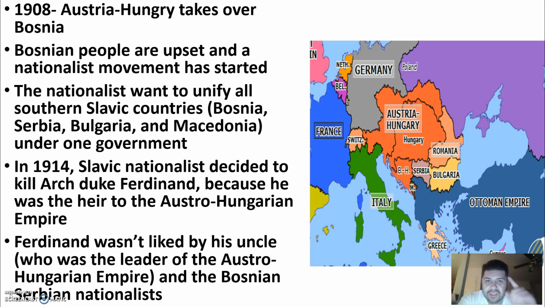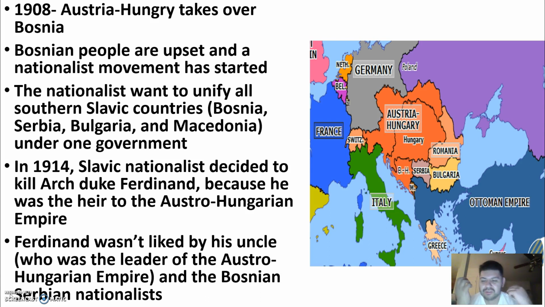He was just next in line. The person in charge of the Austro-Hungarian Empire was actually Archduke Ferdinand's uncle. His uncle didn't like him. And the Bosnian Serbian nationalists didn't like Archduke Ferdinand.